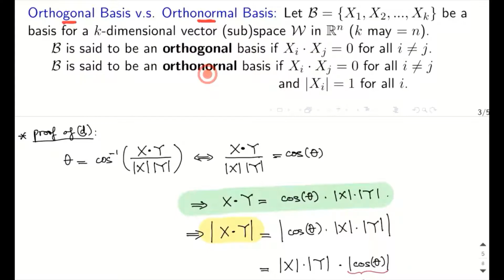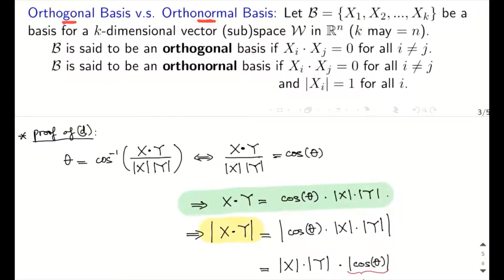So it has to be a basis, which means it has the spanning property and it has the independence property. It is orthonormal, so it has got to be first orthogonal, which means all vectors are perpendicular to each other. And the length of each vector will have to be 1.